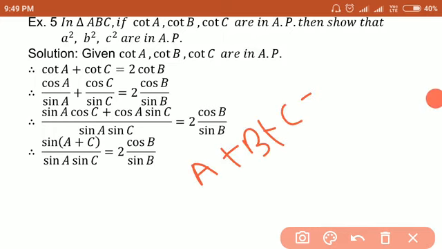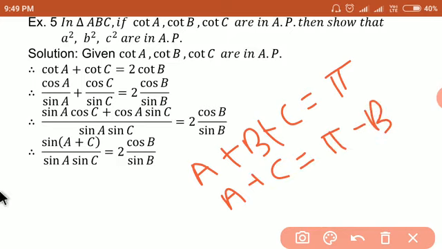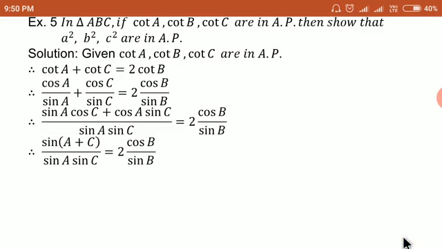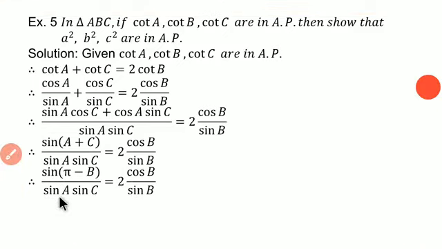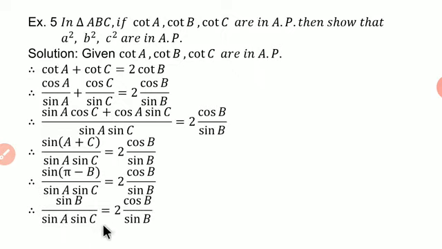So the value of A plus C is pi minus B. Putting this in, we get sin of pi minus B upon sin A sin C is equal to 2 times cos B upon sin B. Now sin of pi minus theta is sin theta, so sin of pi minus B is sin B, and therefore we get sin B upon sin A sin C is equal to 2 times cos B upon sin B.